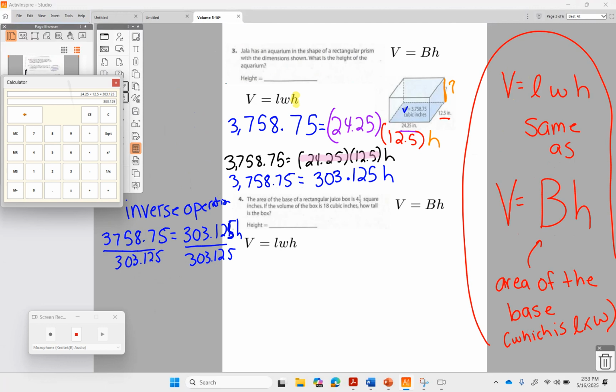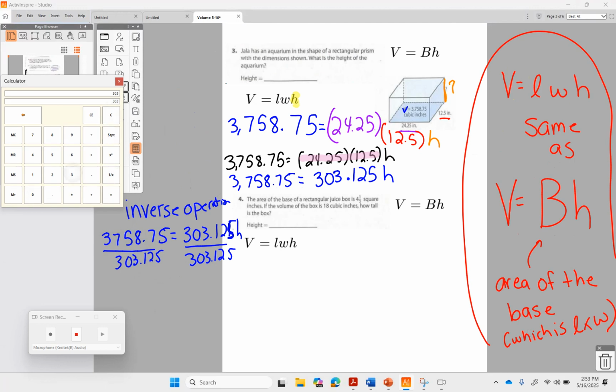Look, 303.125 divided by 303.125 is 1. So I have 1 H there on my paper. On the other side of the equation, 3,758.75 divided by 303.125 equals 12.4. The height is 12.4.